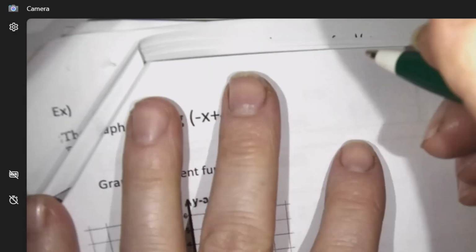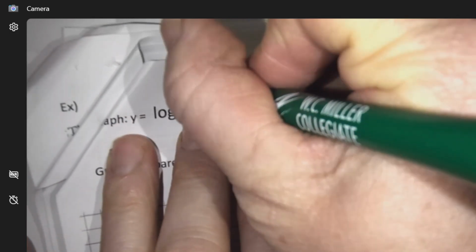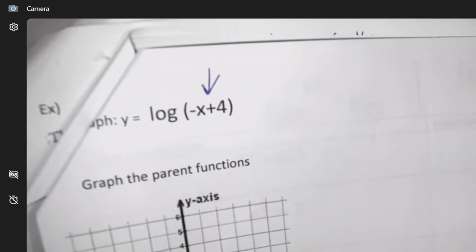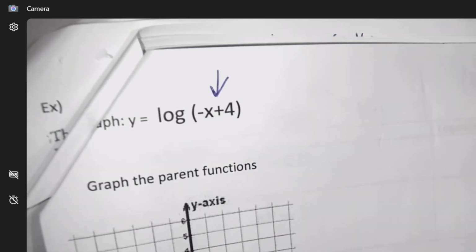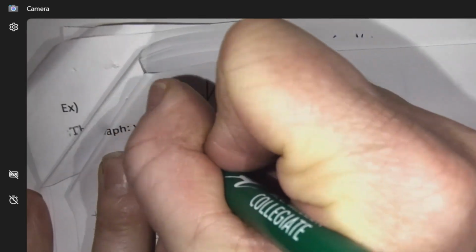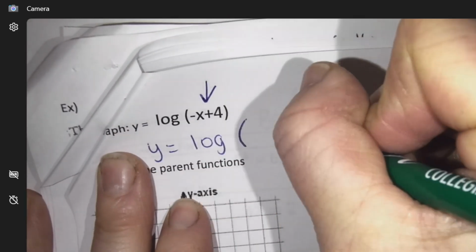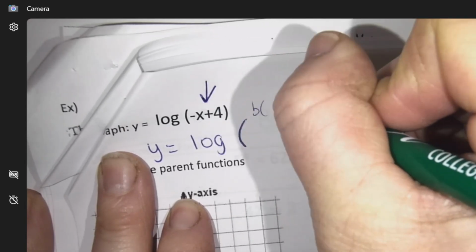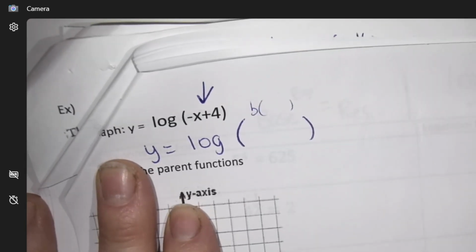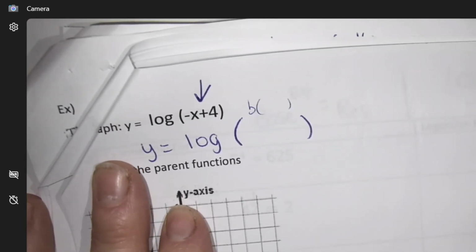Okay, can't graph it. First of all, the format of it, I don't like it. What's wrong with the format? B needs to be factored out, okay?